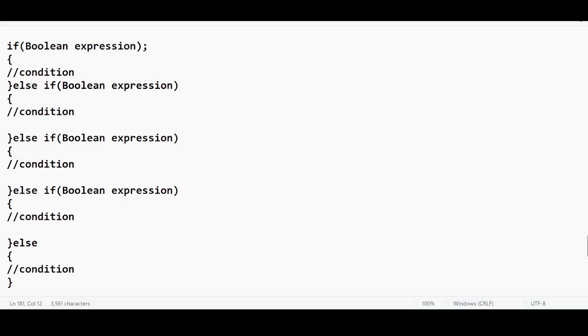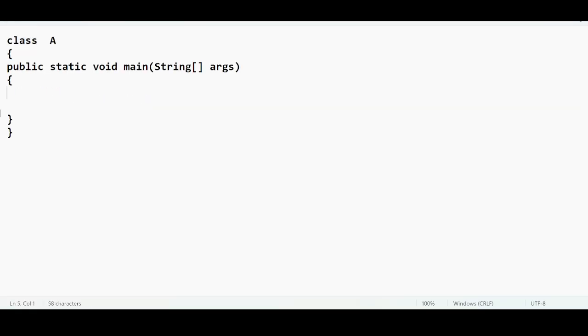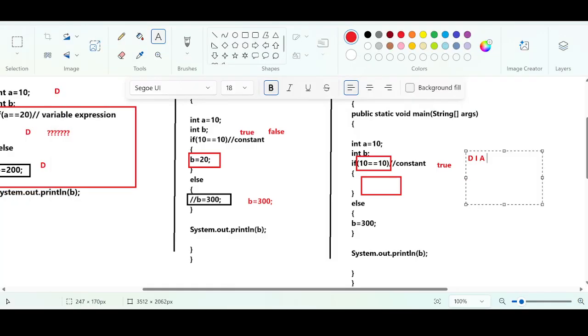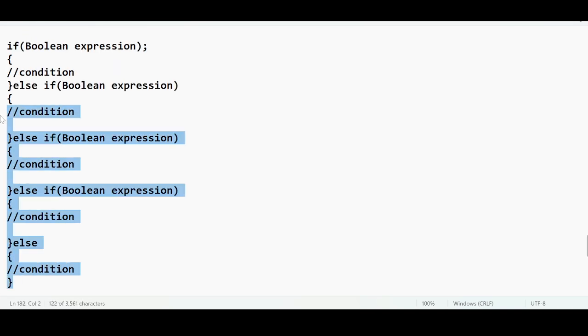Now focus here. Let me show a small example. Let me remove all this, it's not required. Let me take the same code, why should I write it over and over again.